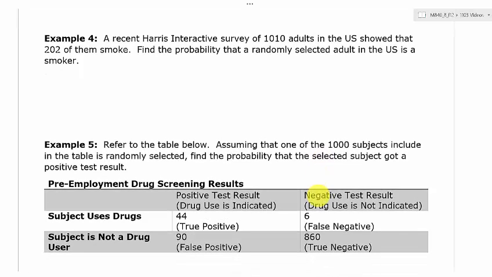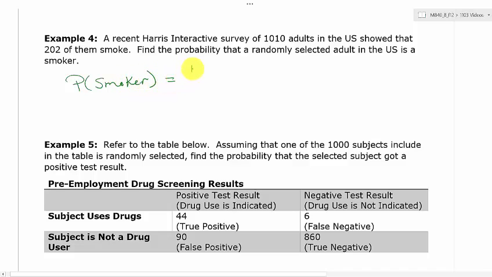In our next example, a recent Harris Interactive survey of 1,010 adults in the U.S. showed that 202 of them smoke. Find the probability that a randomly selected adult is a smoker. So we want to find the probability of a smoker.